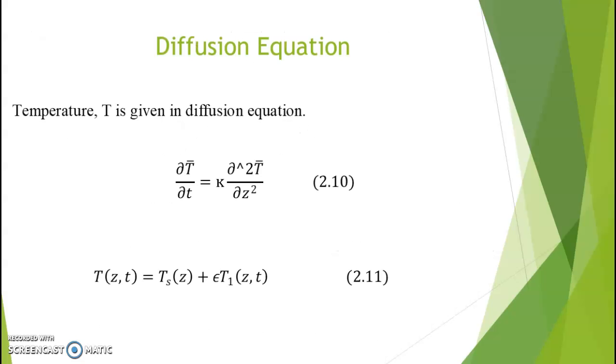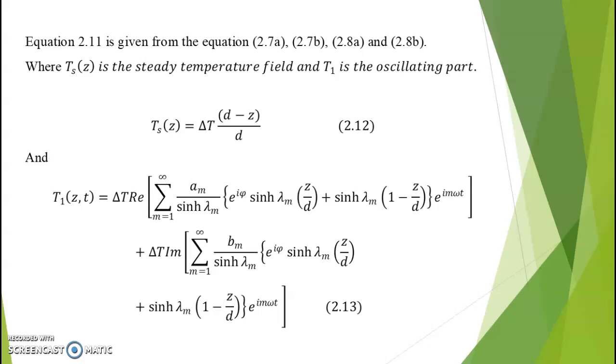Next, the diffusion equation. This part is only to show you how to find the temperature, which is in 2.11. These are the equations given in this journal, 2.12 and 2.13.